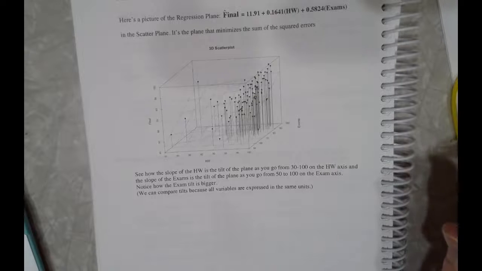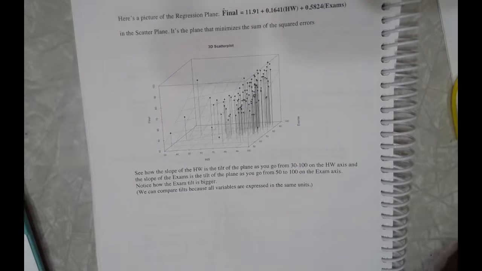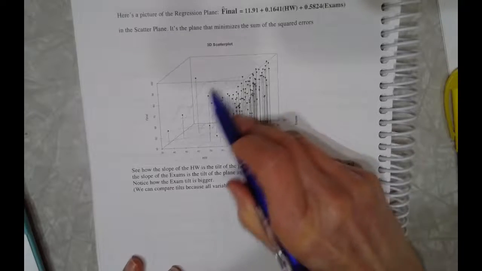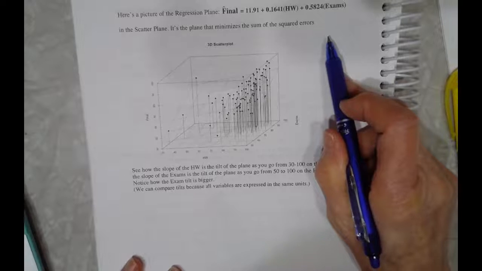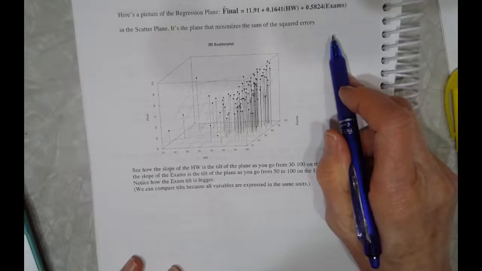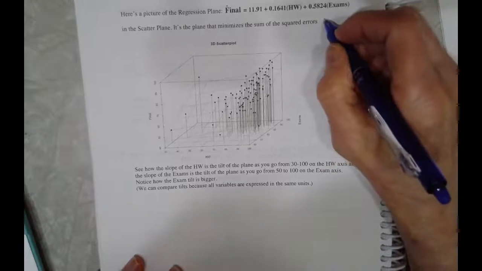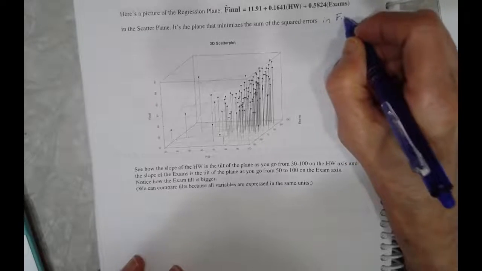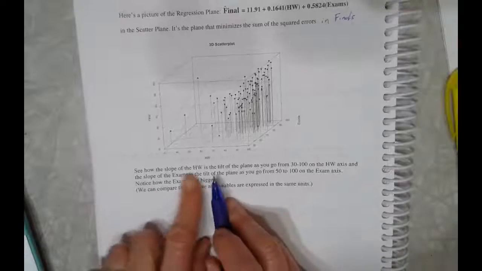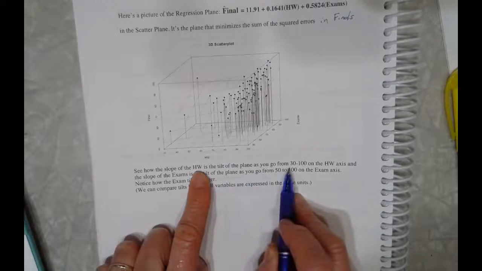And here, can you see it? Let me see if I can focus in on it. Yeah. So can you see that plane? Here's a picture of the plane that minimizes the sum of the squared errors in y in the finals. See how the slope of the homework is the tilt of the plane as you go from 30 to 100.